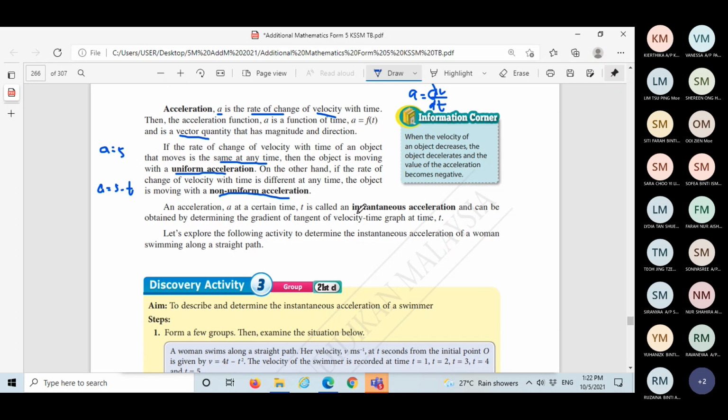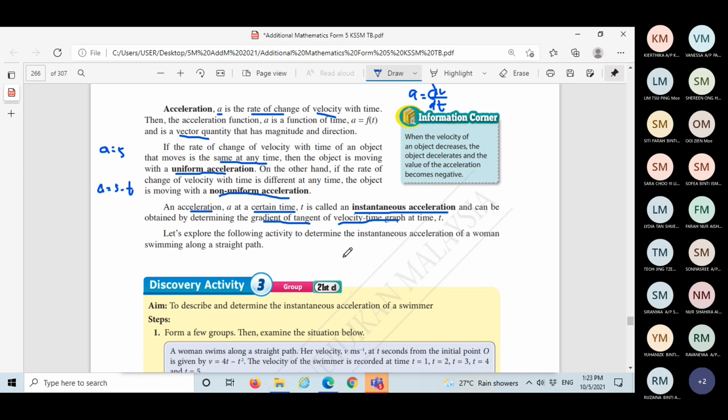Okay, then next, what is the meaning of instantaneous acceleration? Same like just now, instantaneous displacement, instantaneous velocity, it also refers to a certain time. So if you have a velocity time graph, because a is dv over dt, the gradient of the tangent of the velocity time graph is the acceleration.